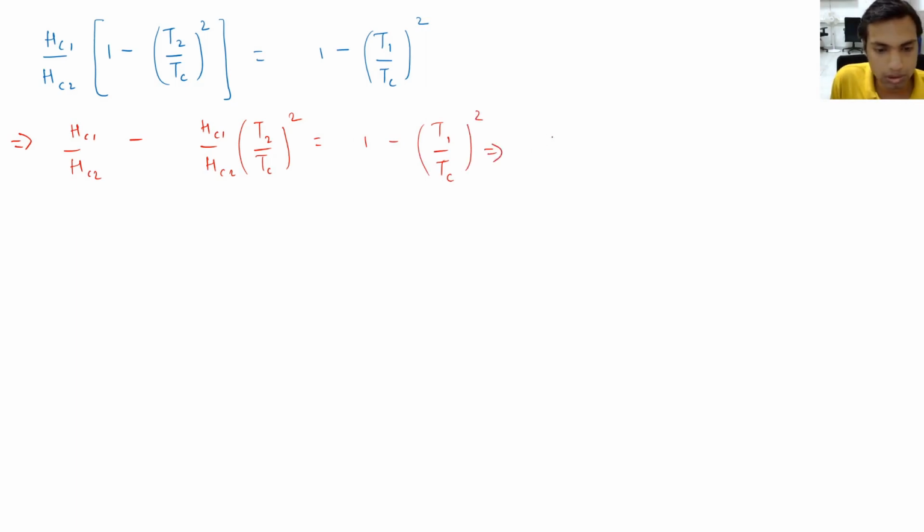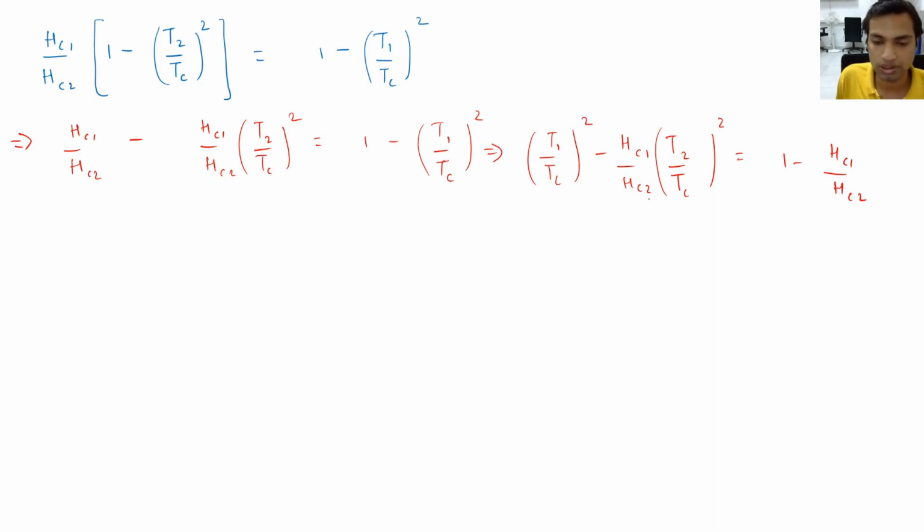This implies T1 by Tc whole square minus Hc1 over Hc2 times T2 by Tc whole square is equal to 1 minus Hc1 over Hc2.